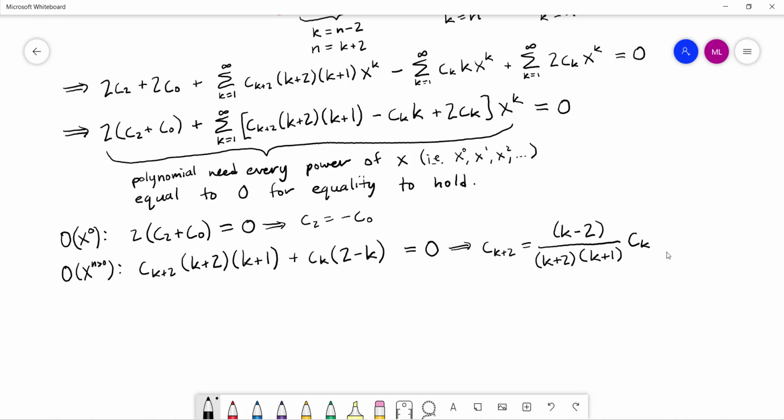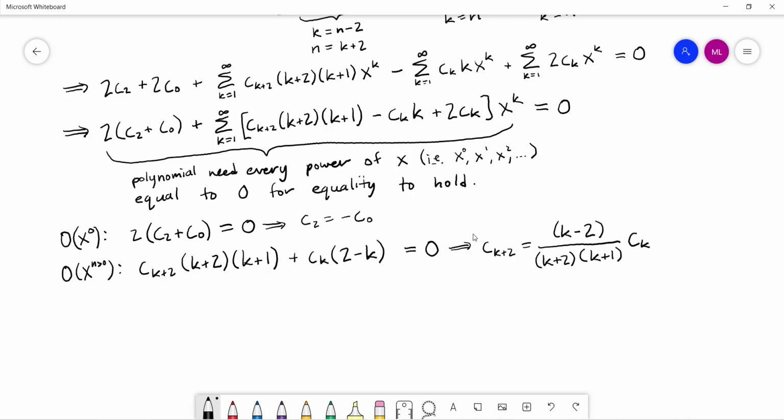So I'm going to generate one list of all the even c sub numbers by starting with 0. If I start with 0, I can get 2. Once I have 2, I can get 4. Once I have 4, I can get 6. And that's going to give me one of my solutions.